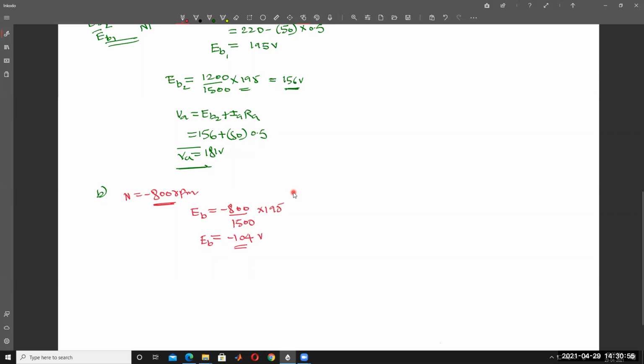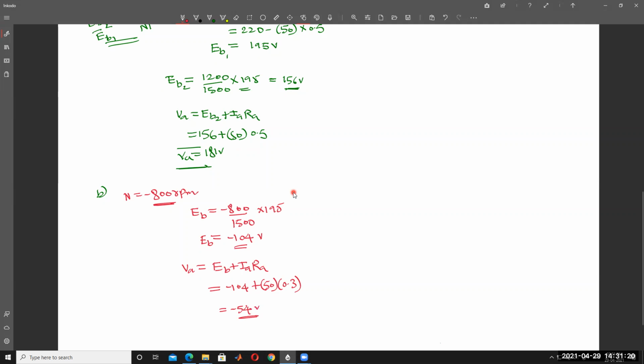And then average output voltage VA is equal to EB plus IA into RA. So IA into RA, then minus 104 plus 15 into RA. Okay, so we'll get minus 54.